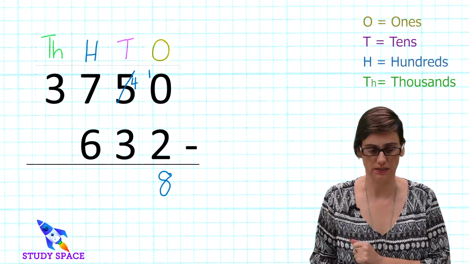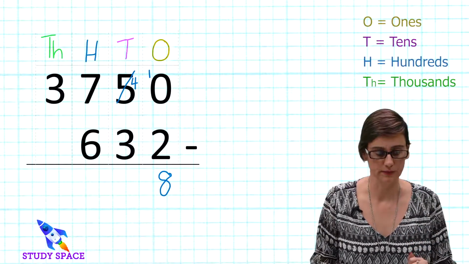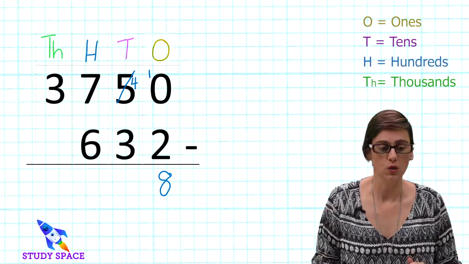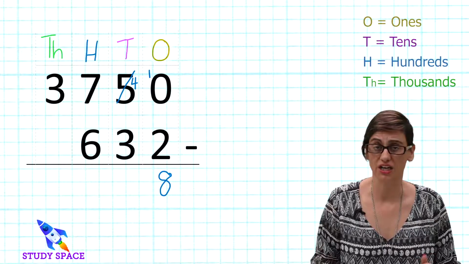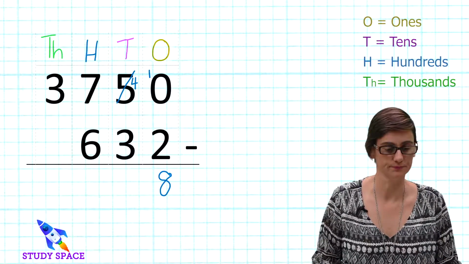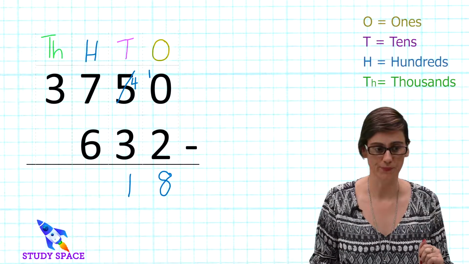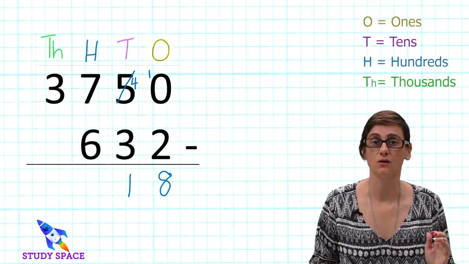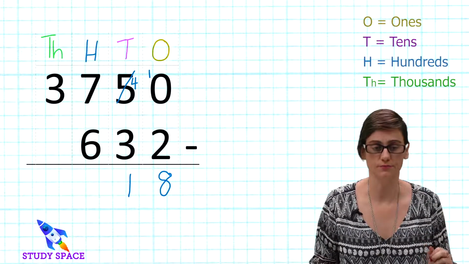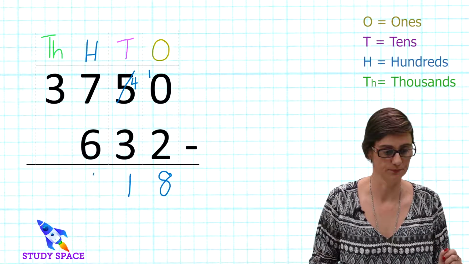Okay, so I've dealt with the ones. Let's have a look at the tens column. So I've got 4 take away 3, which equals 1. So I've dealt with my tens. Let's have a look at the hundreds column. So I've got 7 take away 6, which is 1 again.